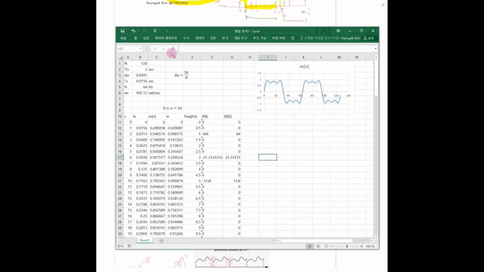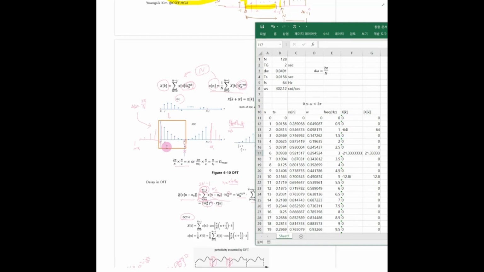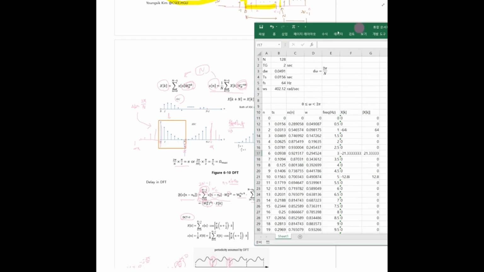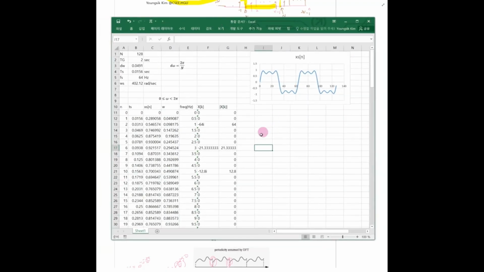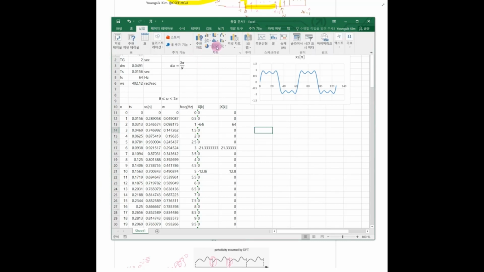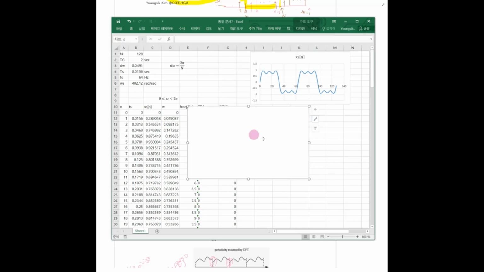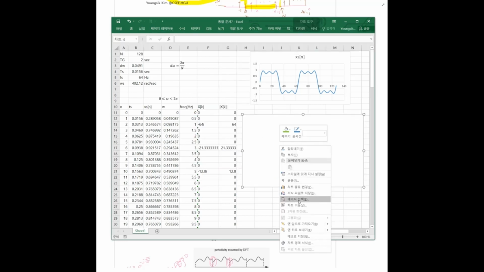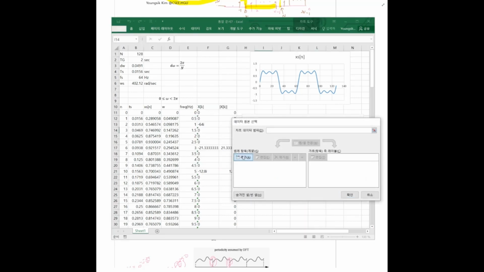And I would like to plot the spectrum. I need to only plot up to here, but I can plot the whole range also. So first I would like to plot the whole range. Here, data is selected.